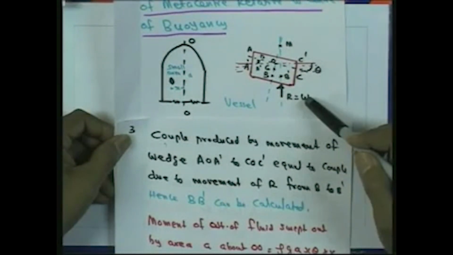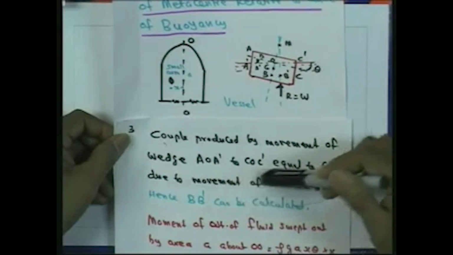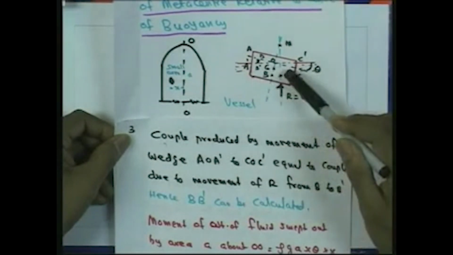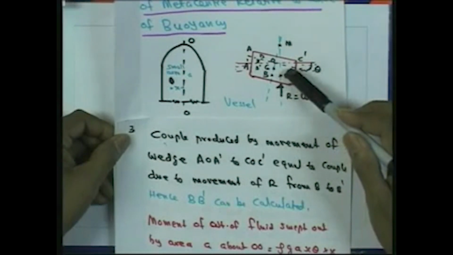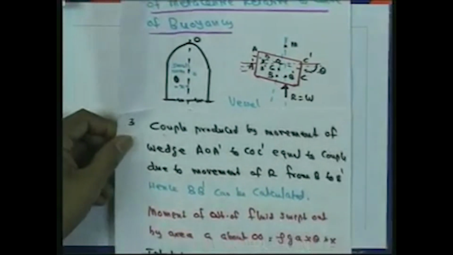R is equal to W. So due to the movement of R from B to B dash, the new position of the center of buoyancy, B dash, we can calculate.